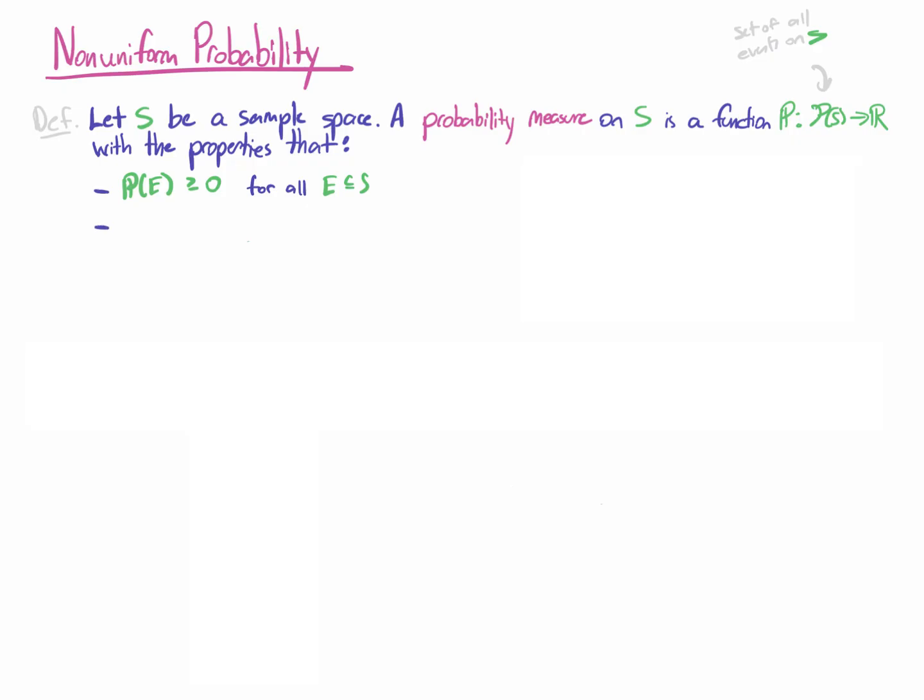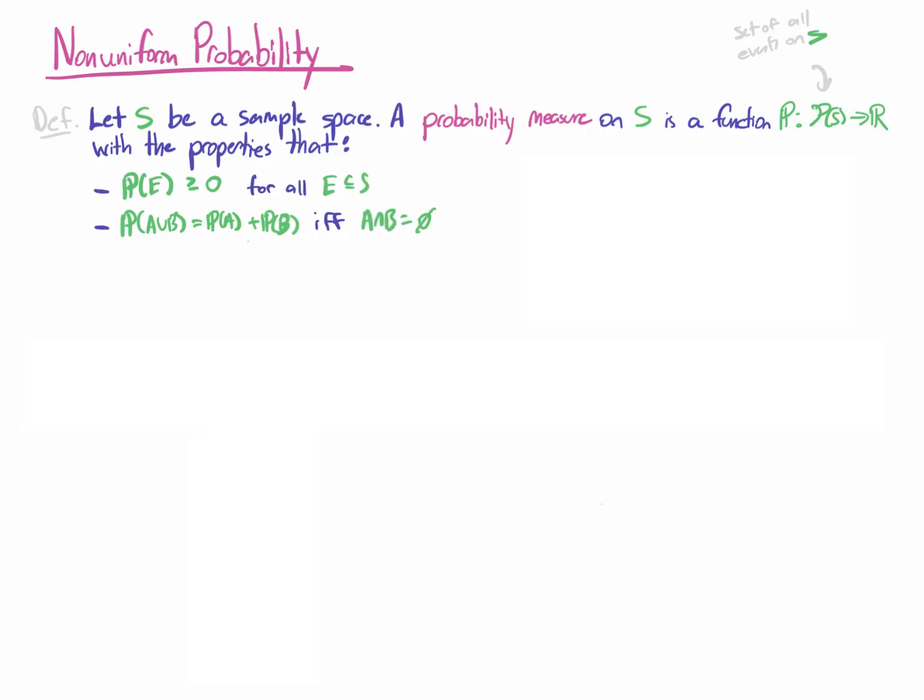Furthermore, I have a second property. I'm going to have three in total. My second property is disjoint additivity. It must be the case that the probability of A or B is equal to the probability of A plus the probability of B if and only if A and B are disjoint.